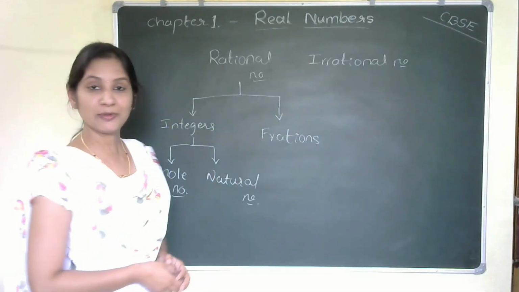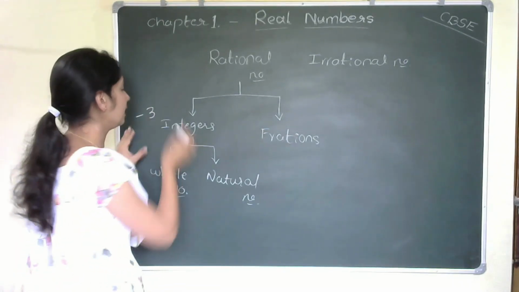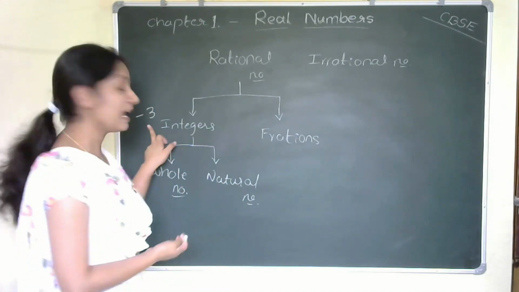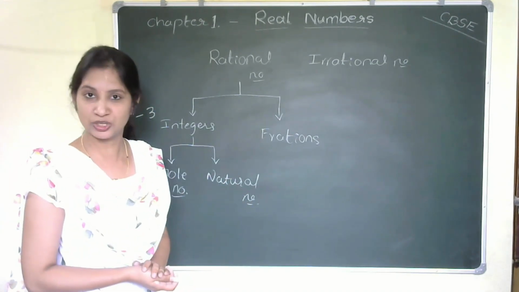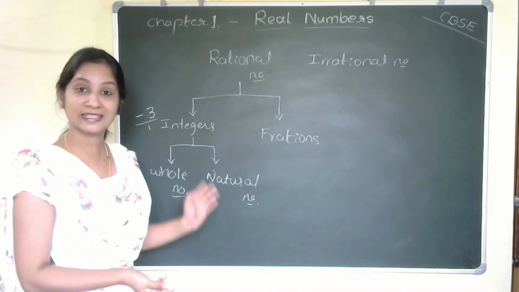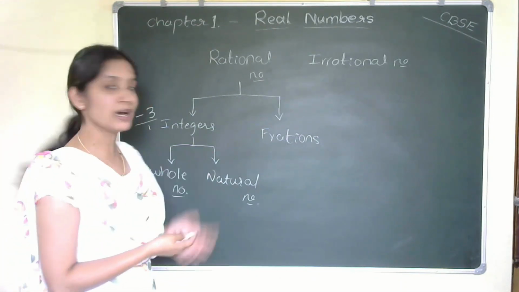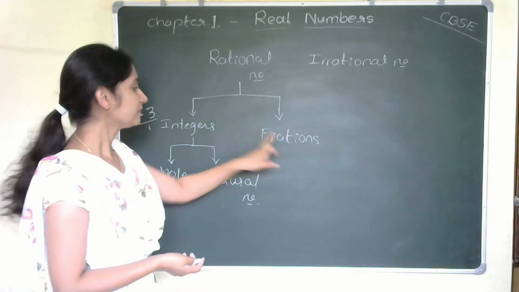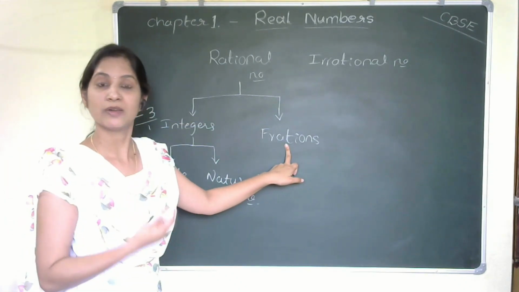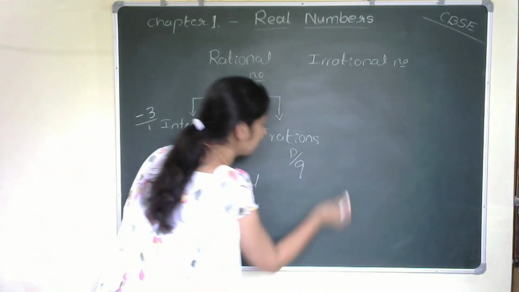For integers, it may be -3 or any negative value, positive value or 0. I can express it as p by q. That means -3 is nothing but -3 by 1, where p and q are integers. Fractions are, for example, 2 by 4 or 4 by 5, which can also be expressed as p by q.